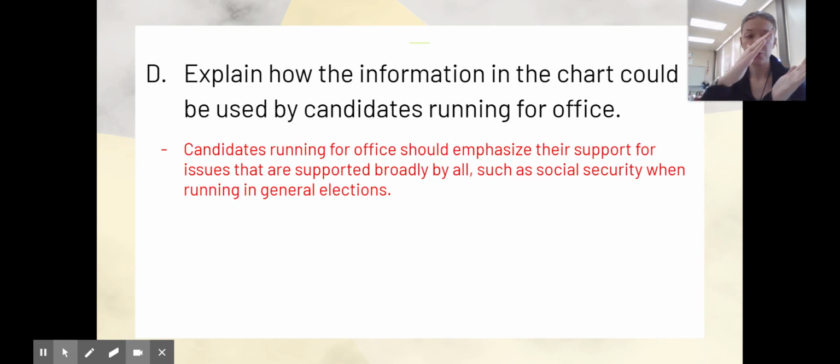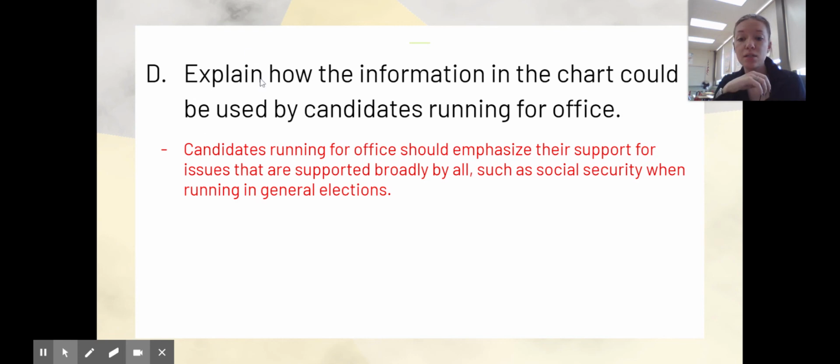Those two categories, jobs and Social Security, are issues that are basically seen as equal in priority to both Republicans and Democrats. So a candidate might talk about those issues because it's likely to bring in more voters. They're likely to gain more support.